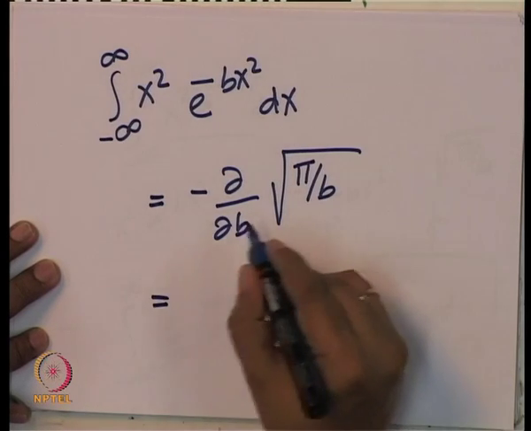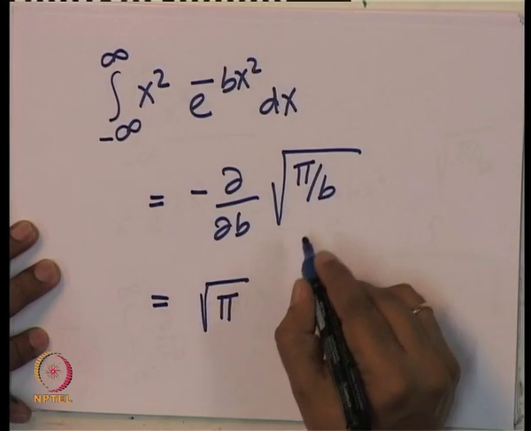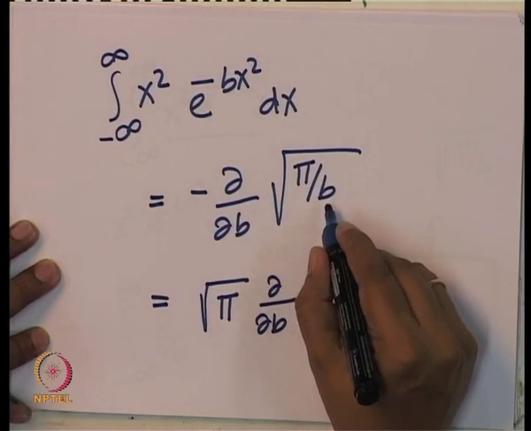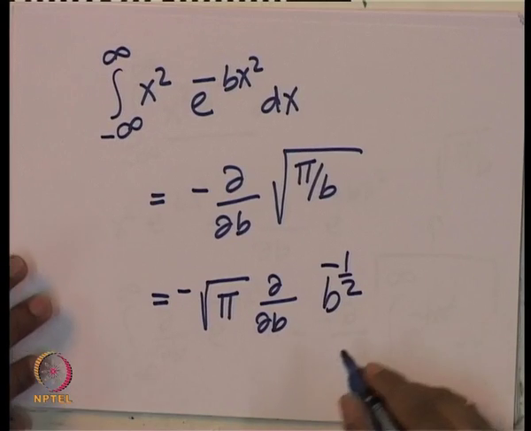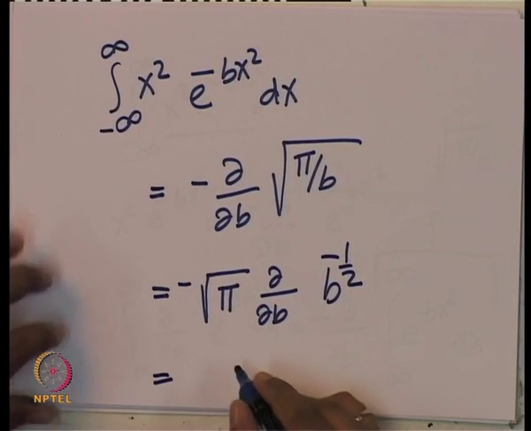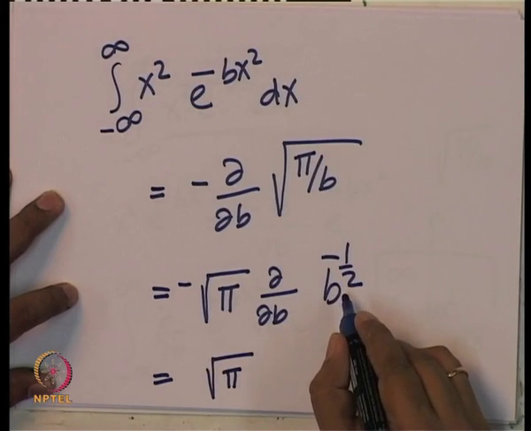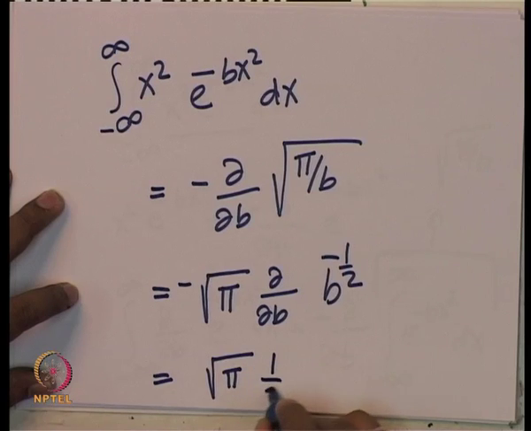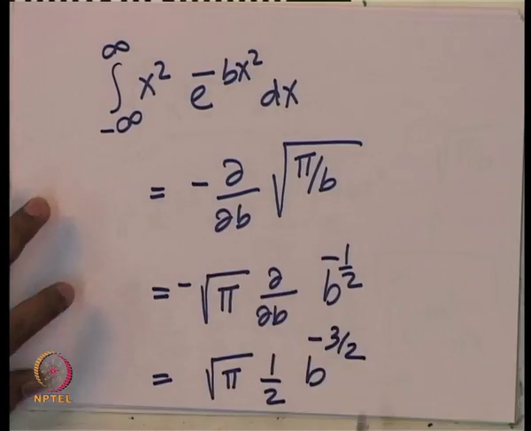There is a root pi, then del by del b of 1 over root b. 1 over root b can be written as b power minus half. So, this is nothing but root pi into the derivative of b power minus half, which is minus half b power minus 3 by 2. So, there is a half, and minus minus cancels. So, plus half b power minus 3 by 2. So, this is the answer of this.